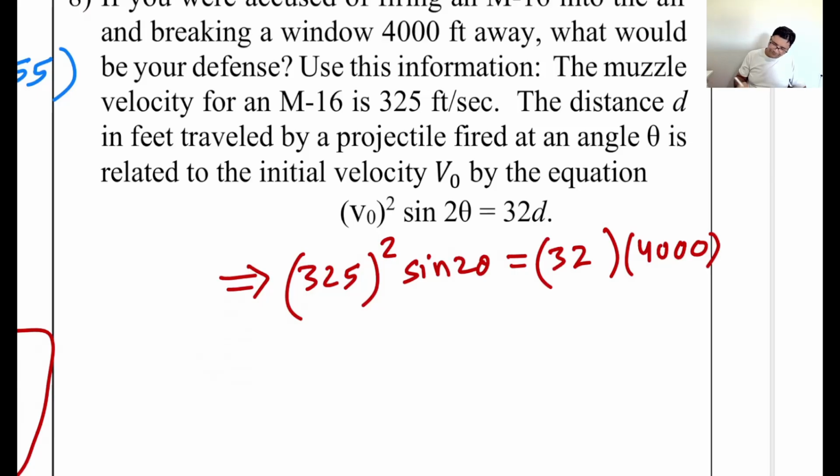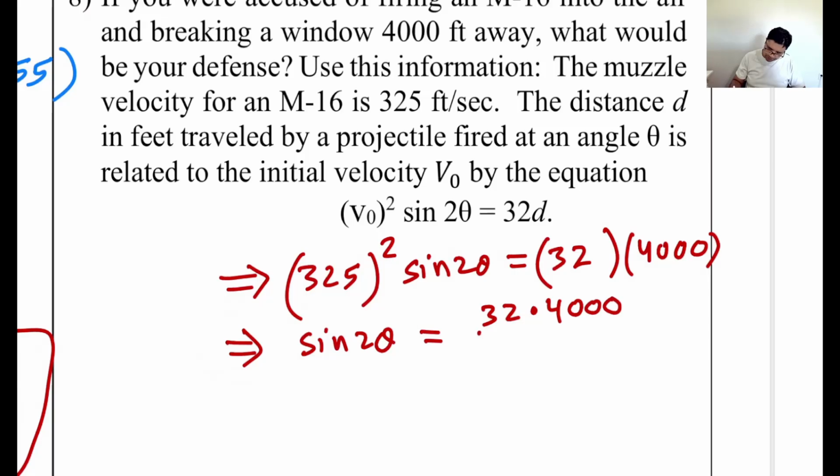Okay, so what does that give you? Sine 2 theta will be equal to 32 times 4,000 divided by 325 squared. We need to put that in a calculator and evaluate.